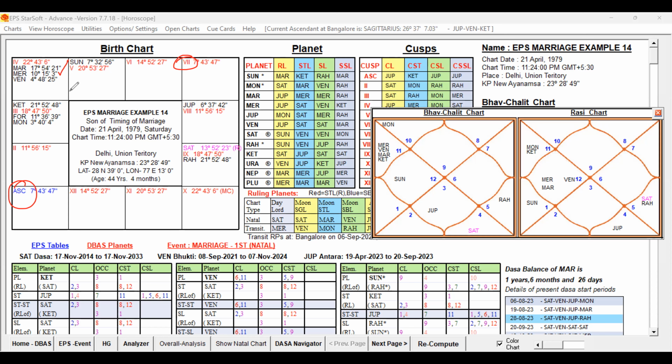Basically, it is not a good placement, but still occupying the 3rd house is good, and it is conjoined with the 5th Lord Mars and also conjoined with Venus. Venus is the 6th Lord and 11th Lord. So the 7th Lord is conjoined with the 6th Lord and 11th Lord.